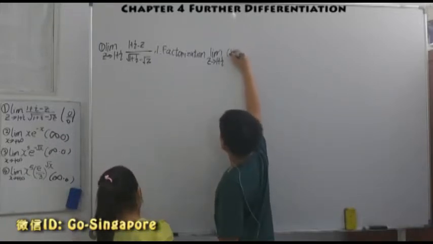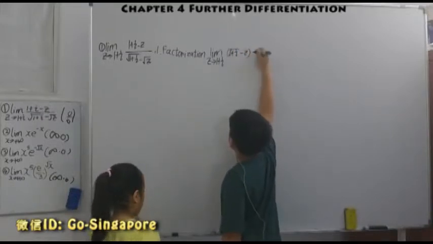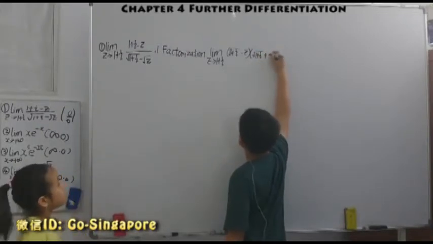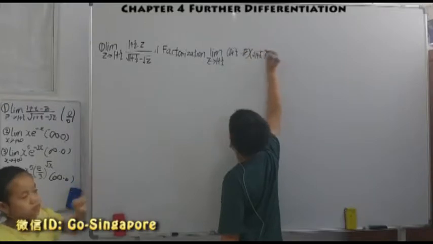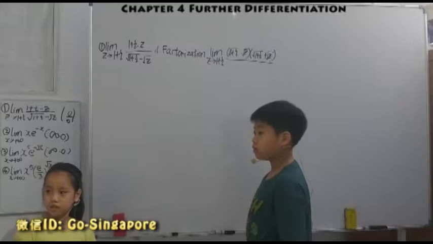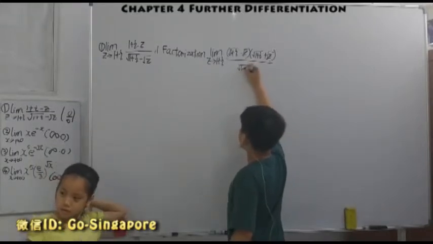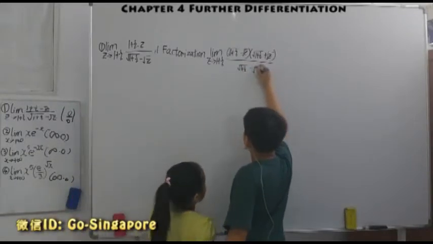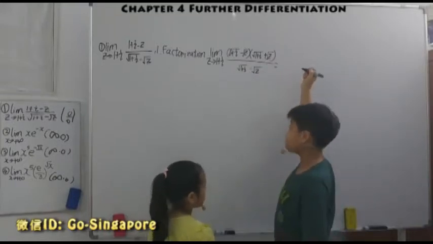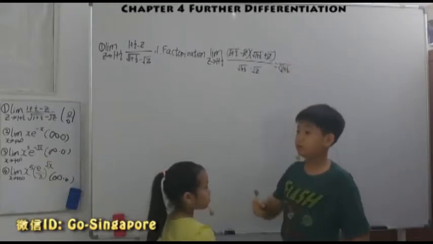This splits into square root of 1 plus i minus square root of z times square root of 1 plus i plus square root of z, over square root of 1 plus i minus square root of z. So we'll sub in, and this is actually 2 square root 1 plus i.